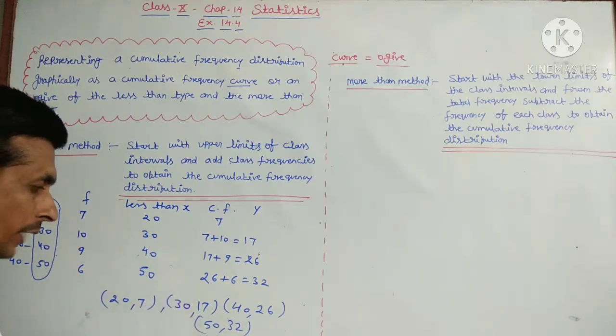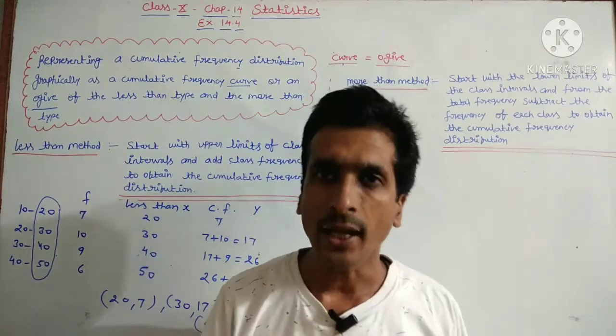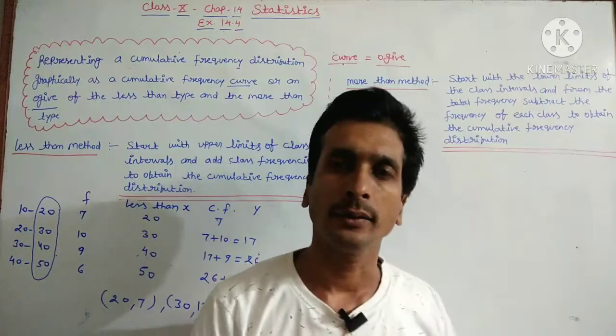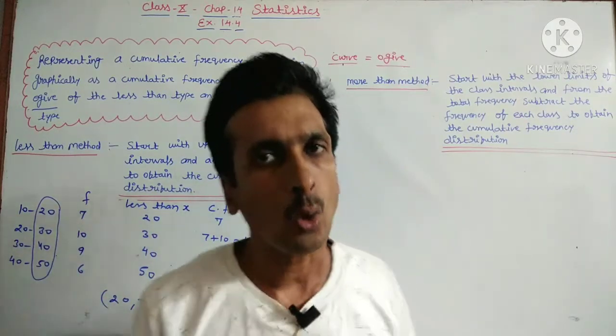I think you can understand this method. And then you have to plot these points on the graph paper and join them, and whatever you get will be the less than type ogive.